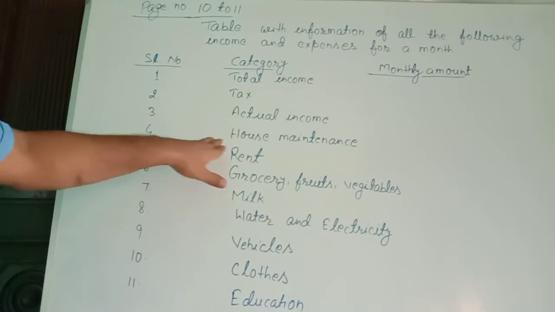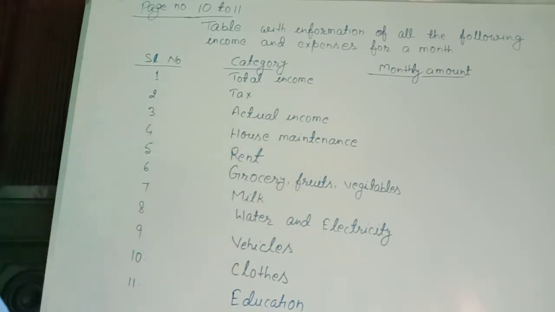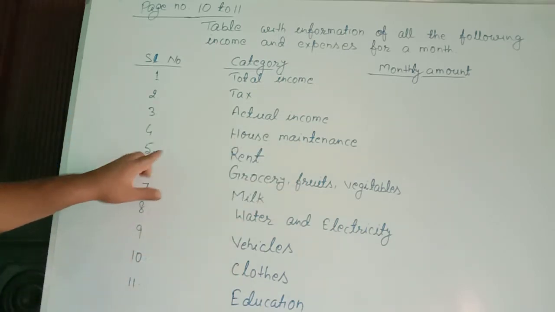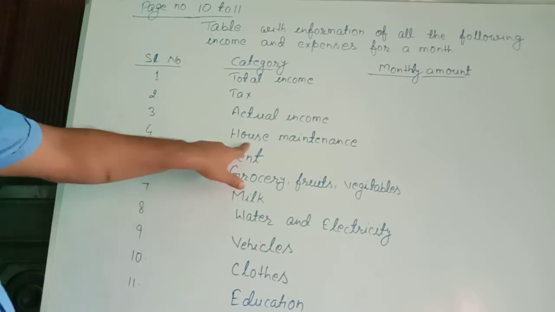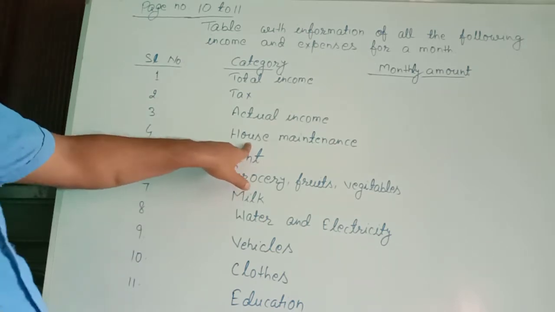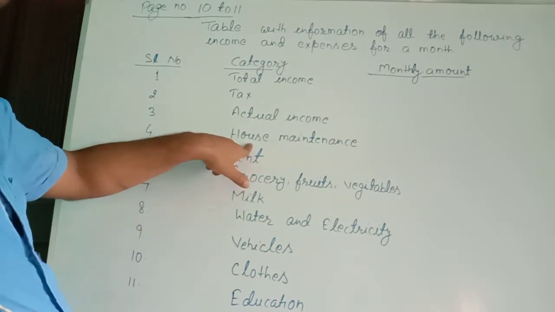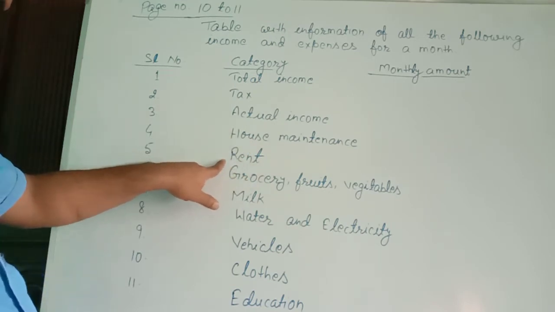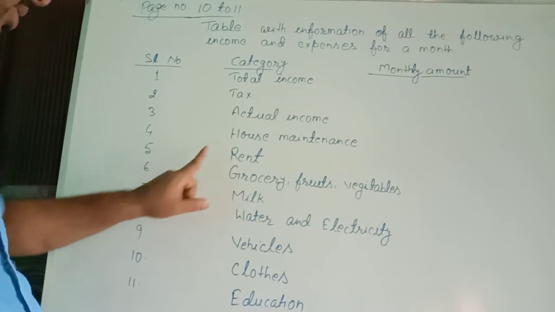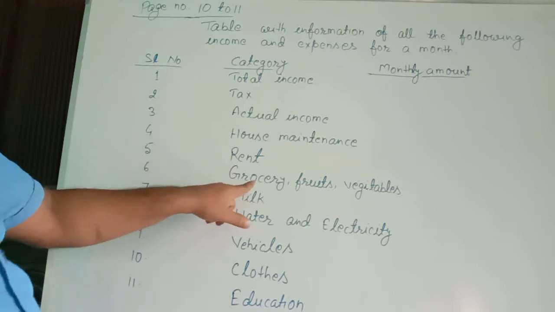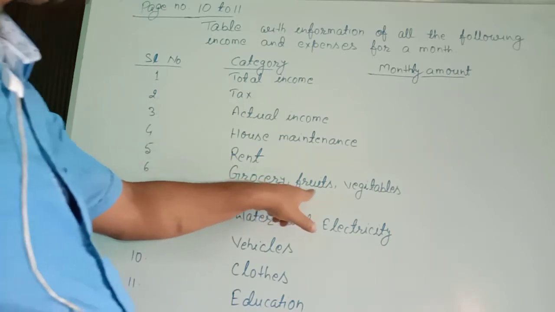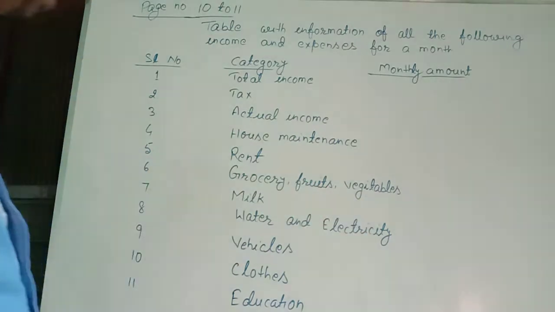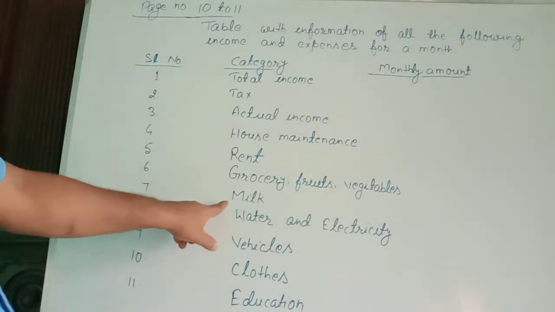Number 4, house maintenance, if you have your own house, and number 5, rent, if you are living in a rented house. Number 6, your expenditure on grocery, fruits and vegetables. Number 7, milk.